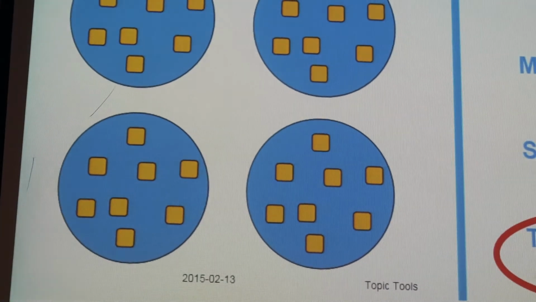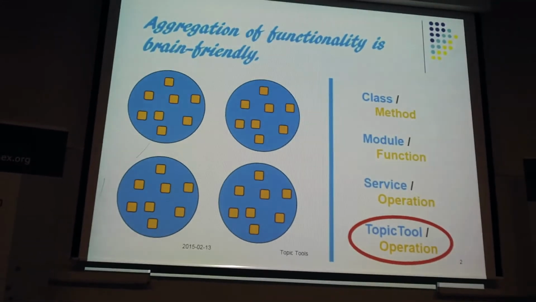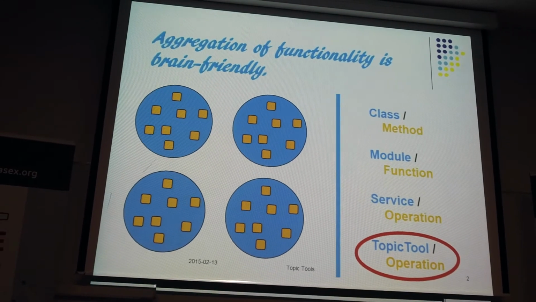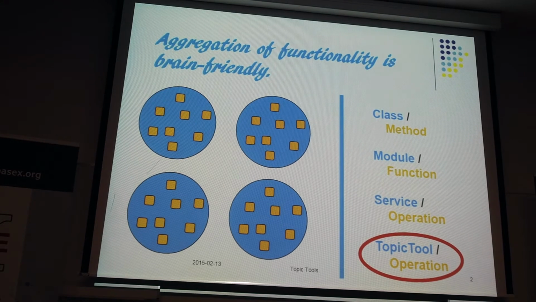Aggregation of functionality is brain-friendly. We're using it constantly without thinking about it. So we aggregate, for example, methods into classes, functions into modules, operations into services. Just imagine an organization which is offering, say, 3 web services which altogether have 40 operations.